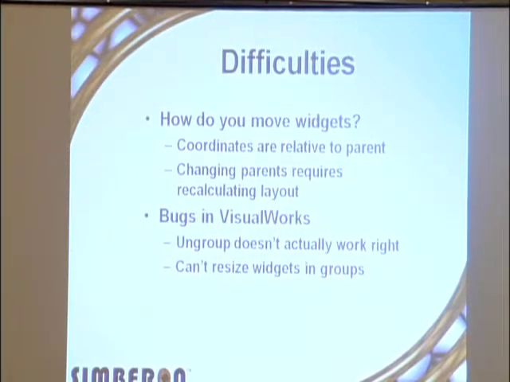There's also a little bit of a bug in VisualWorks that ungroup doesn't actually get it right. Not that people really use group and ungroup in this context very much, I think. And you can't really resize widgets that are inside a group. So those are things that were causing a bit of trouble. Another problem was that I'm trying to edit the layout parameters in the window itself, in the layout wrappers themselves.